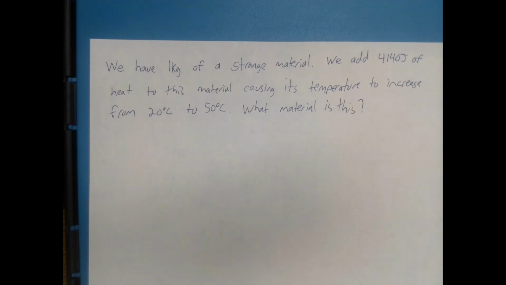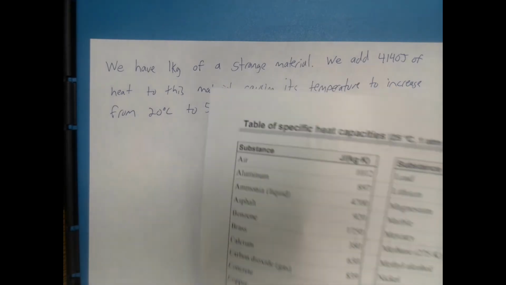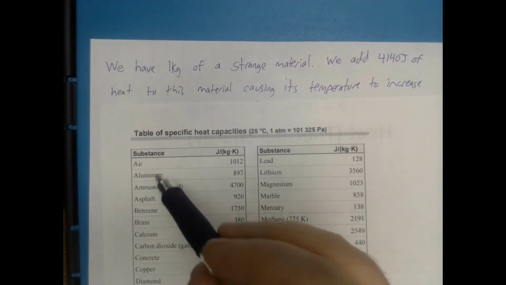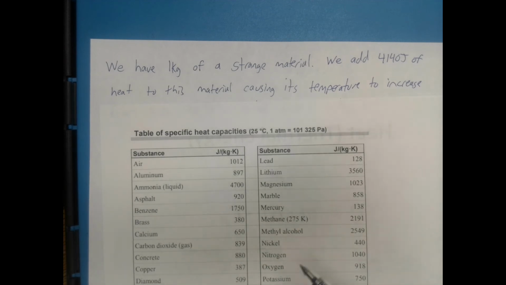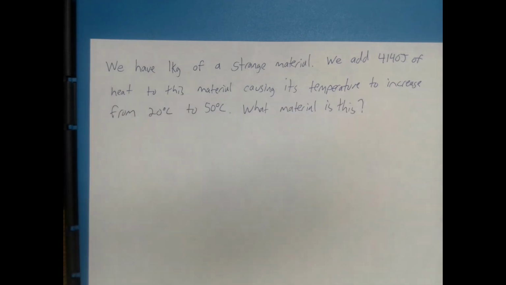So how can we figure out what material this is? We have a table of materials or substances, and they all have different specific heat values. So if we calculate the specific heat, we can figure out what the material is.